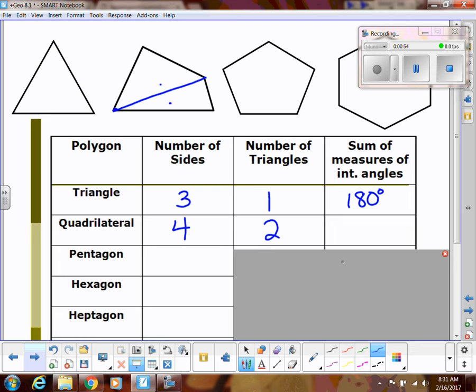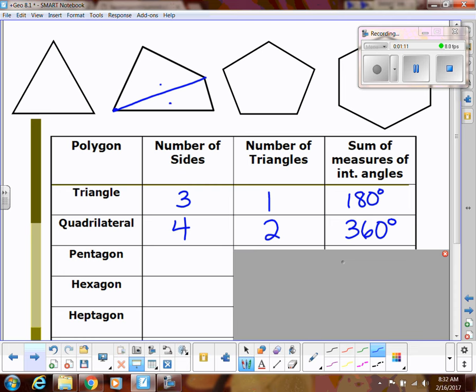So if I have 2 triangles, I'm going to have 180 in each of those, so that's going to be 360 degrees. So to answer our question, the degrees in a quadrilateral is 360 degrees always.